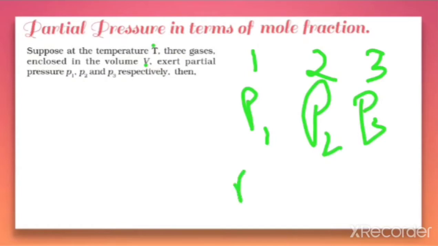Let the number of moles of gas 1 be N1, N2 the number of moles of the second gas, and N3 the number of moles of the third gas respectively.